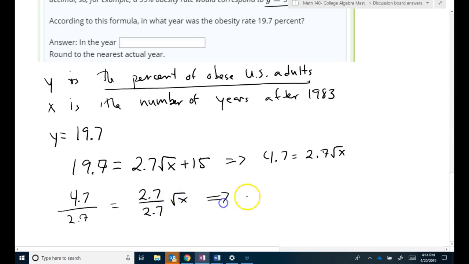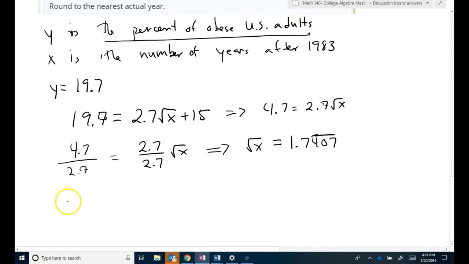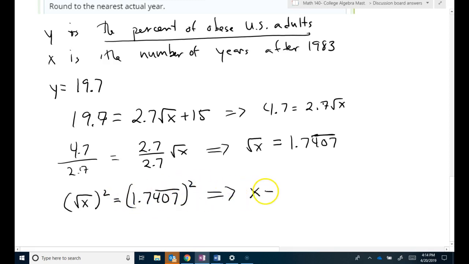And that gives me that root x will equal 1.7407, and then it ends up being repeating. Then we just need to square it. And that gives me that x will equal 3.03018 years. By the way, years after 1983.